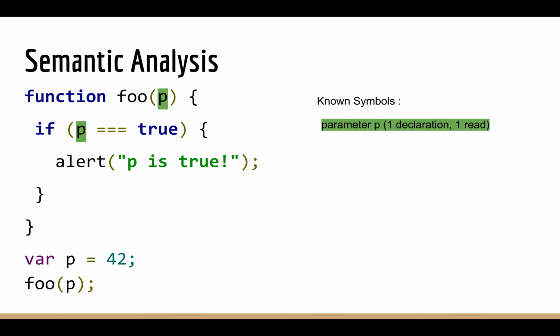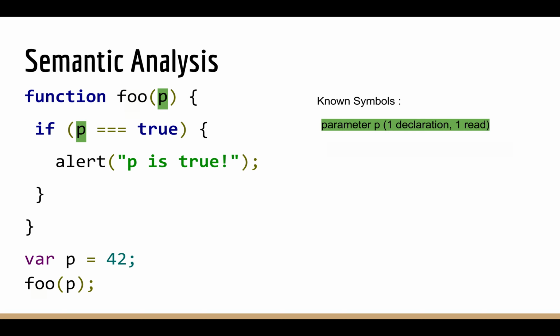We try to identify the correlations between different syntax elements and say, yeah, this is one parameter declaration, this is a variable that is being used, but we are able to say, in fact, this is the same variable. It's this parameter that was declared here, and it's used in the if. So we are able to say P is a parameter, and it has one declaration and one read.